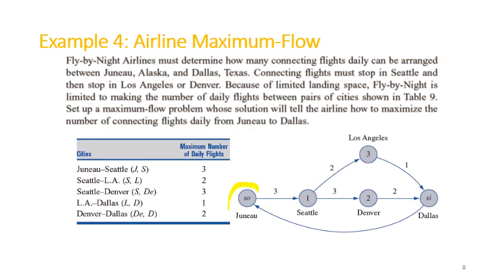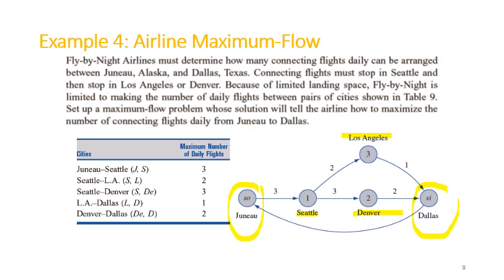The source is the city called Juneau in Alaska, and the other city is called Dallas in Texas. We cannot have a direct flight between the cities, so we have to have a stopover in the other cities: Seattle, Denver, and Los Angeles.